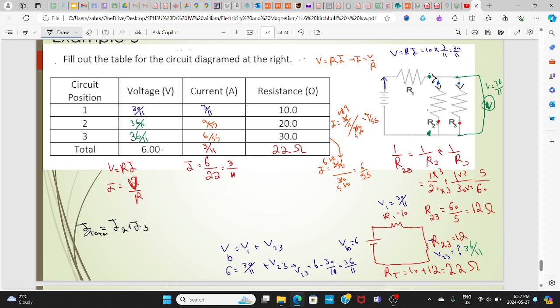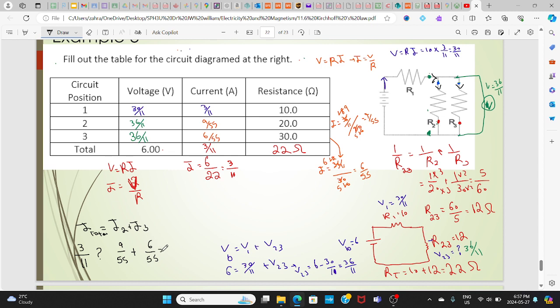I can check that. So I total is 3/11, and I2 is 9/55, and I3 is 6/55.